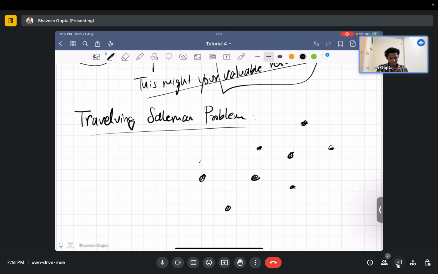Because let's say you have a delivery package here, this is second, third, fourth, fifth, sixth, seventh, eighth. The order doesn't matter, but the idea is that you have to come up with a path such that you cover each of them once, and those are something called Hamiltonian paths.